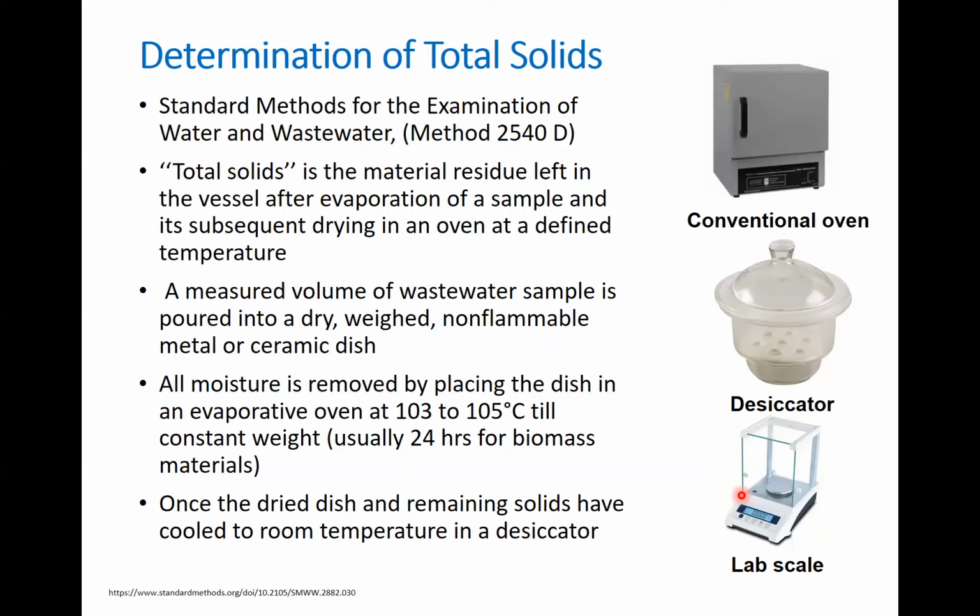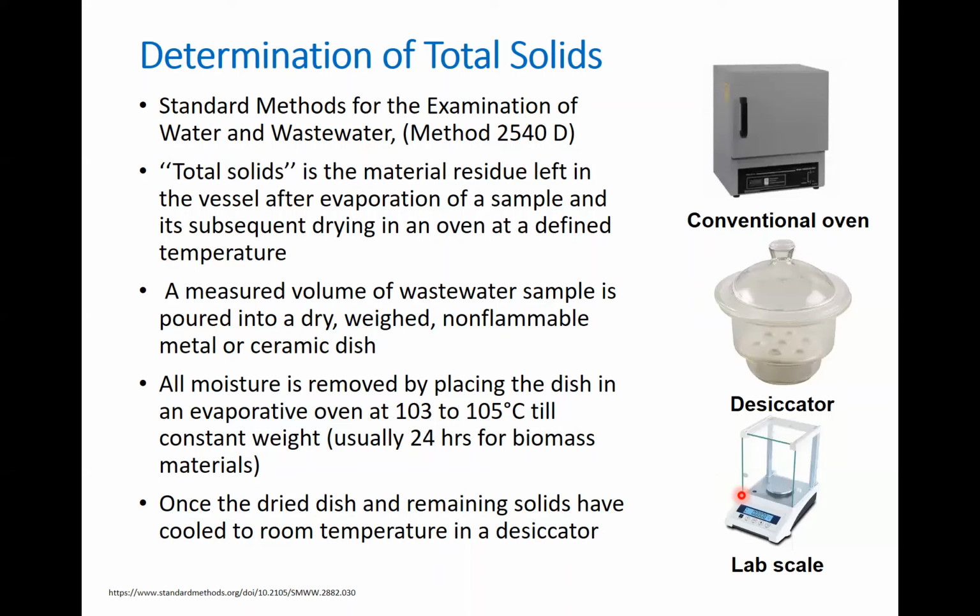The weight before drying minus the weight after drying gives you the total amount of water that evaporated. And the leftover after drying, that is, the total weight of the dish and the sample after drying minus the empty dish, gives you the total solid in the dish itself.